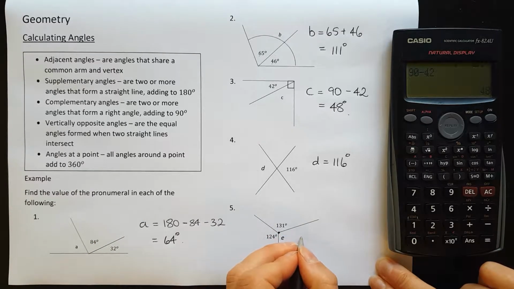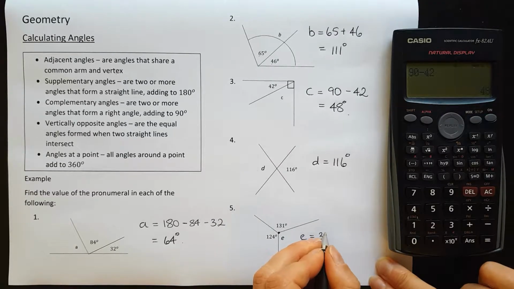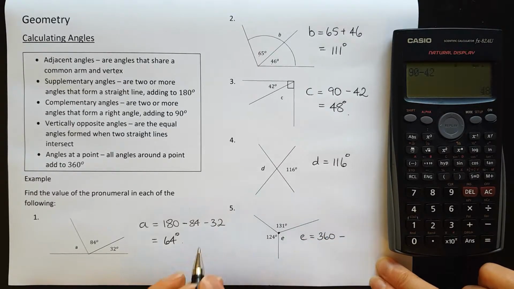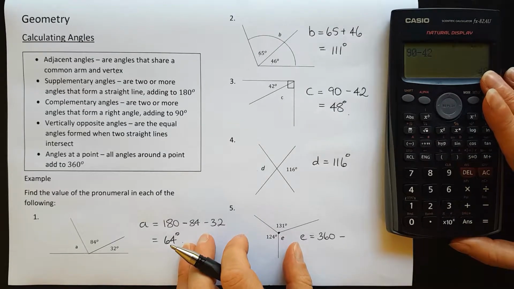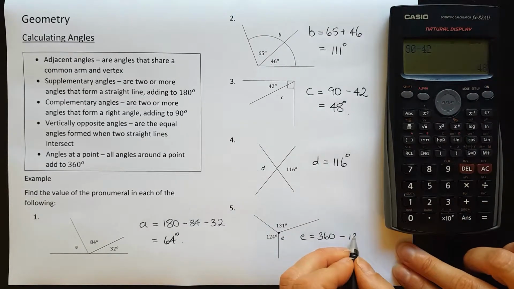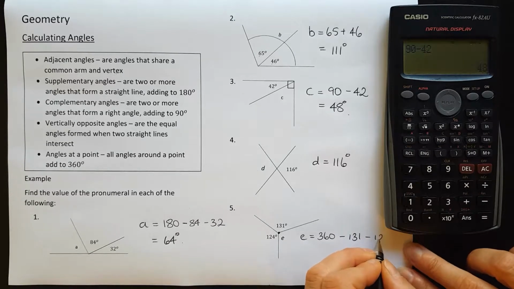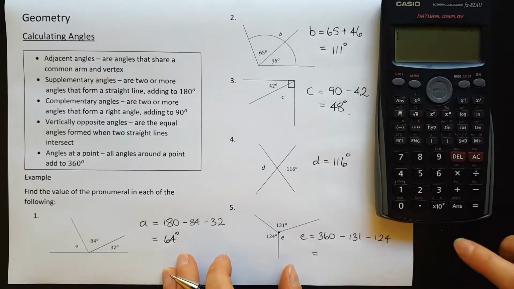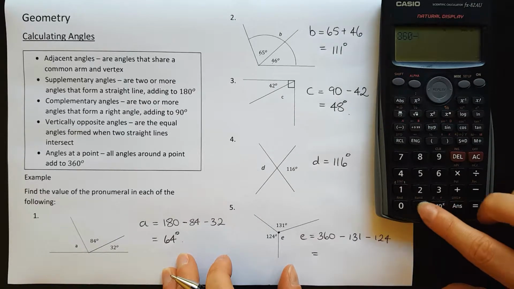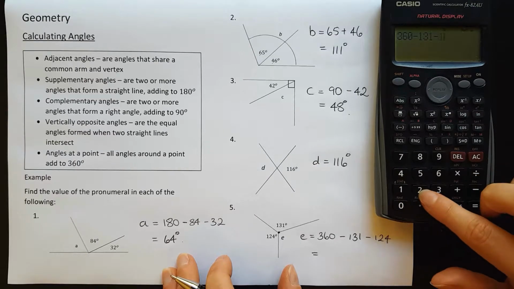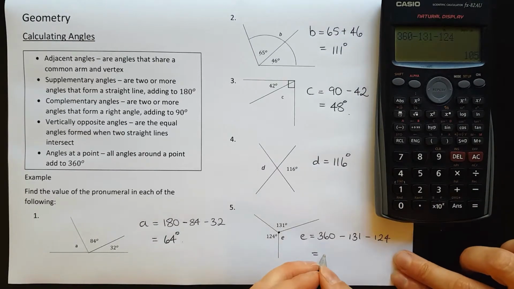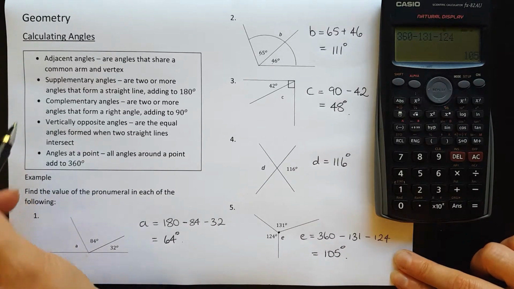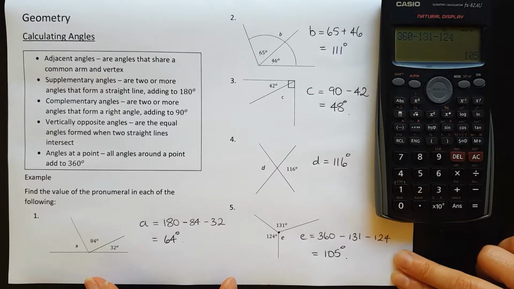So E will be equal to 360, take away the two angles that I'm told here, 131 minus 124, which is 360 minus 131 minus 124, equal to 105 degrees. So that's 5 rules for you to remember, and now I'd like you to have a practice and see if you can remember how to use them.